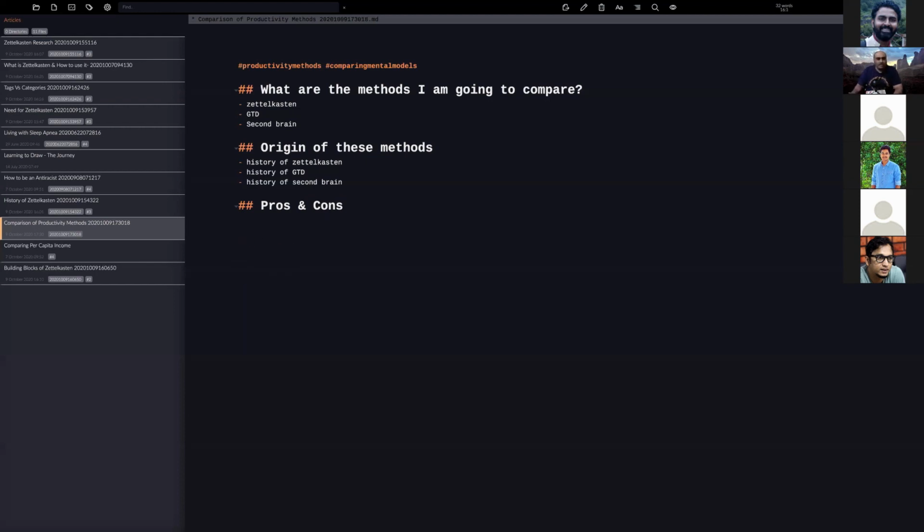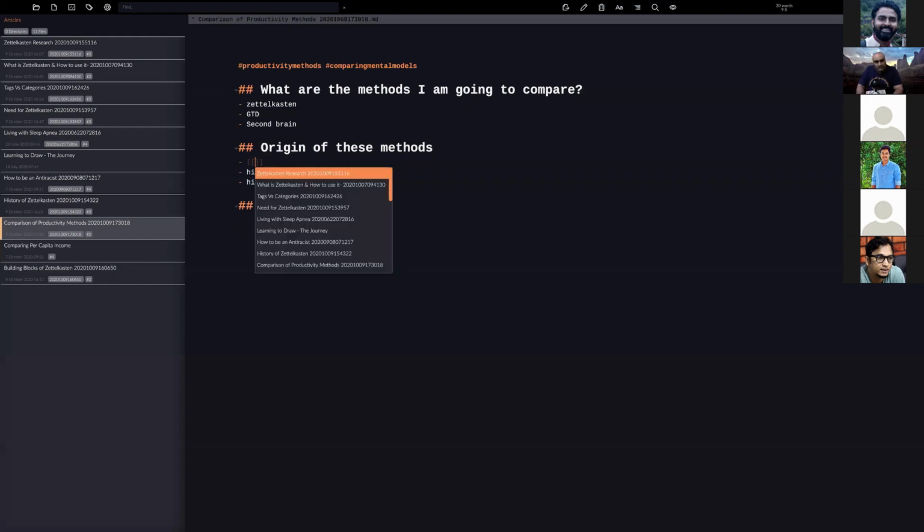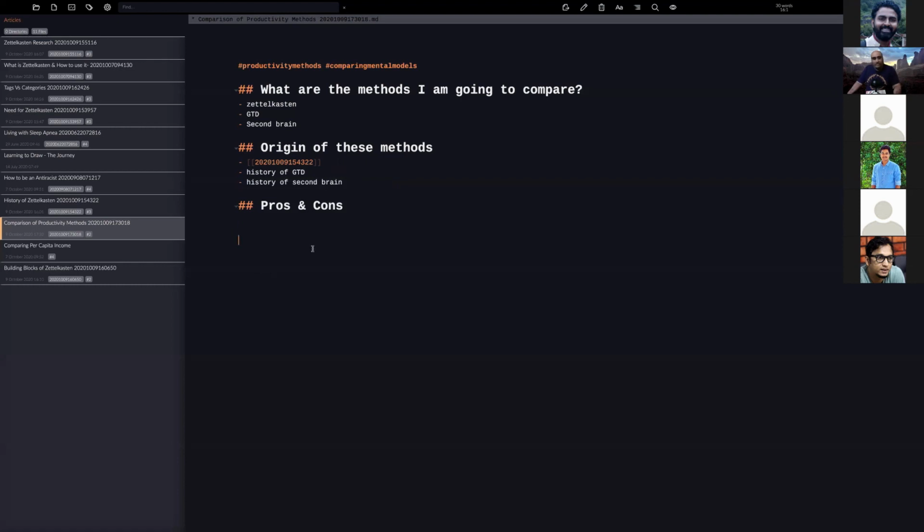The point I'm trying to make is, if I know I want history of Zettelkasten over here, what I can do is something like this. If I do this, and I already have a history of Zettelkasten node, I can reuse the node in multiple places.